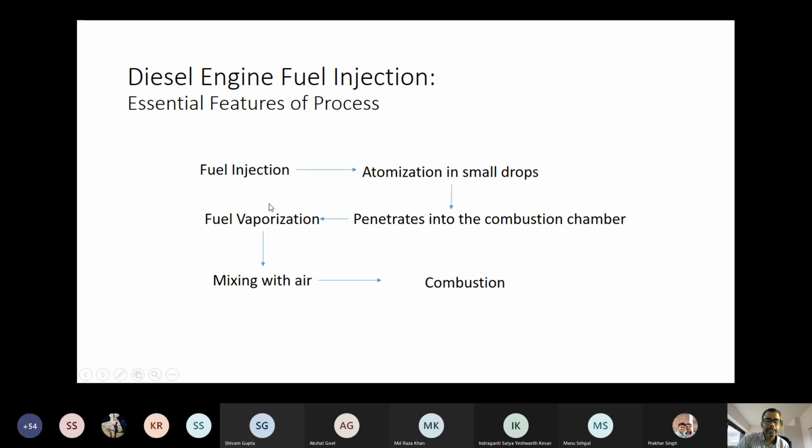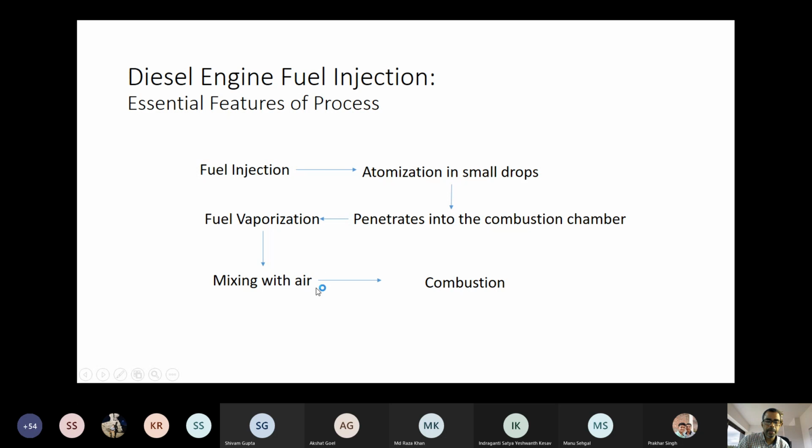And our objective in designing the fuel injection system in the diesel engine is how fast this fuel vaporization takes place as soon as fuel comes into the combustion chamber. Once it is vaporized, the fuel vapor and air mix with each other.